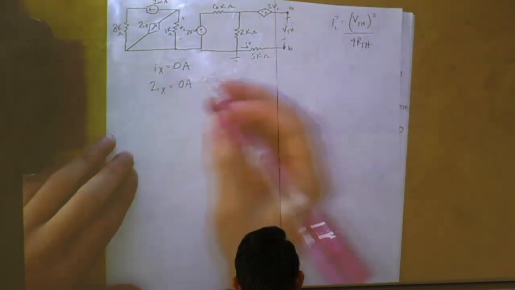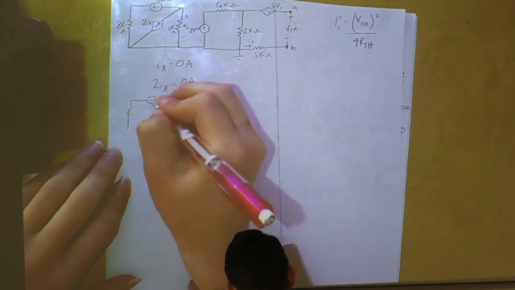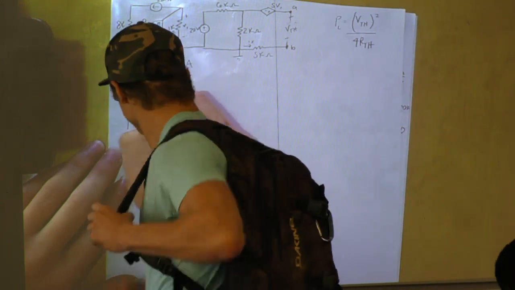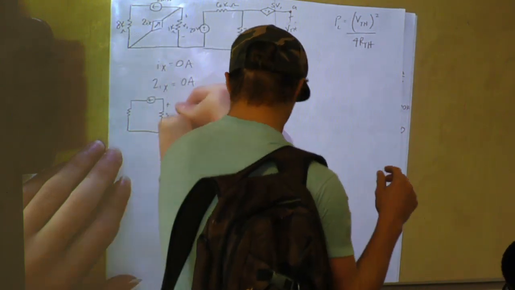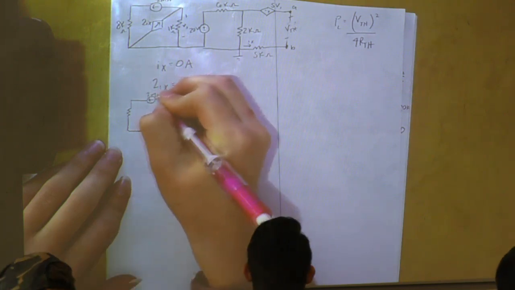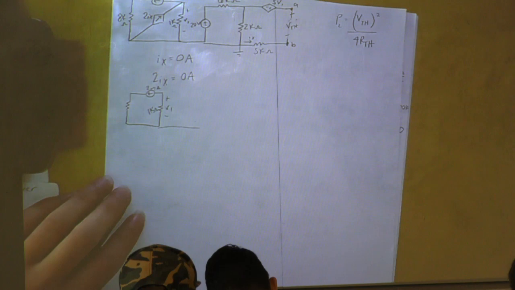So let's go ahead and draw. This is what this side of the circuit ends up looking like.